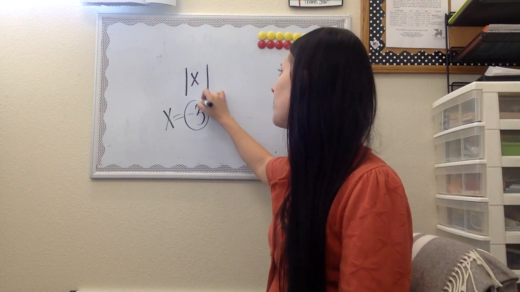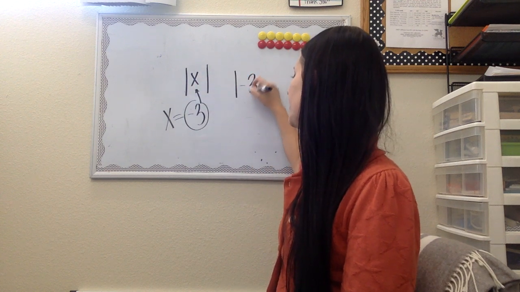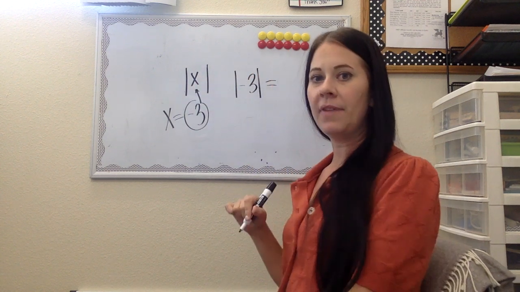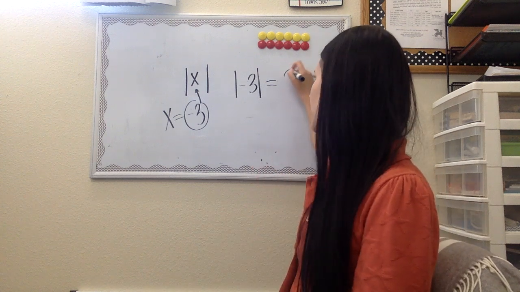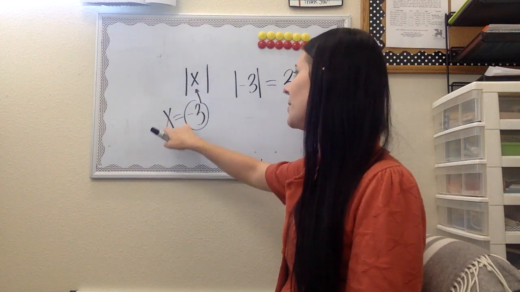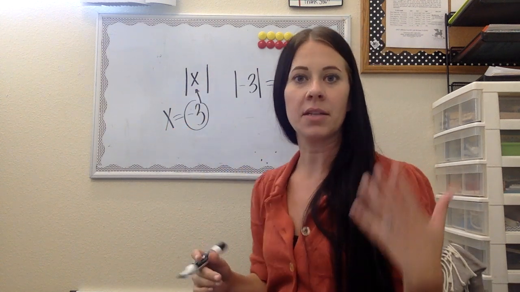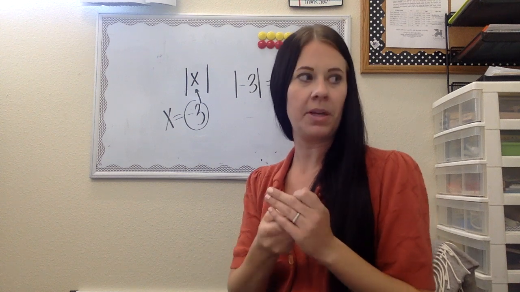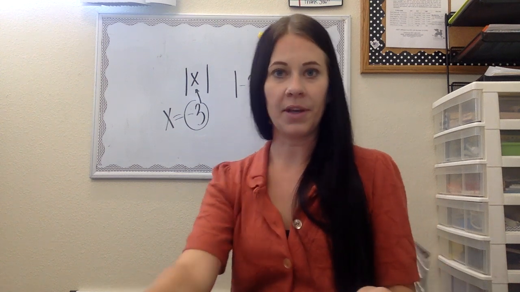And we take that -3 and we put it right there. And then the absolute value of -3 is +3. And this X really just serves as a placeholder so that we can talk about it. Okay, so I don't want you to be confused from the Khan Academy video.